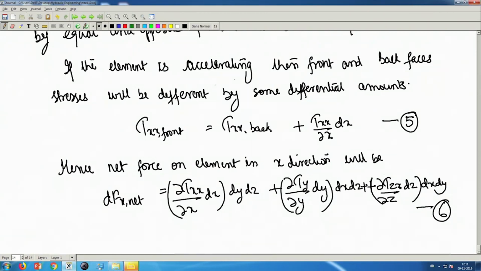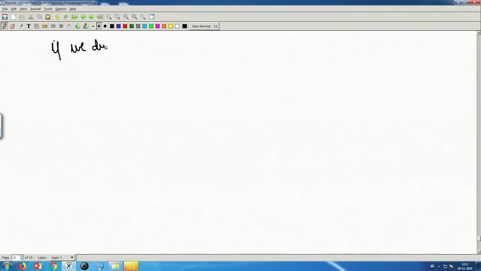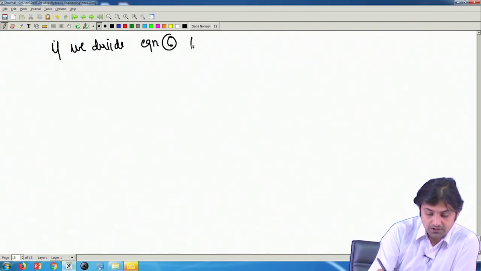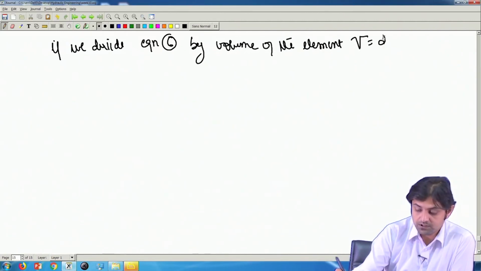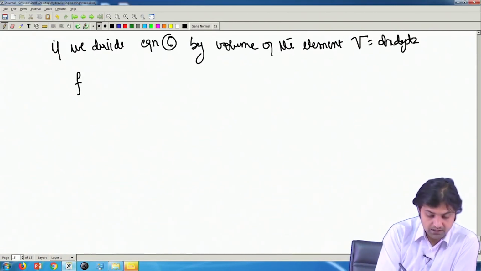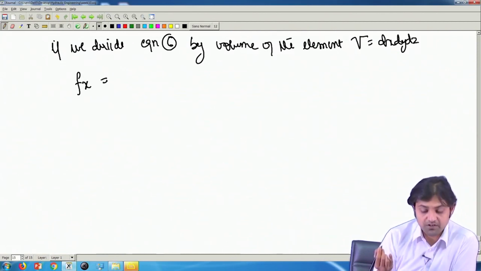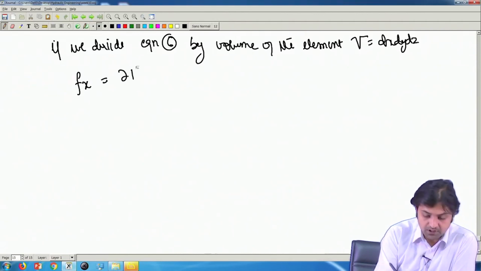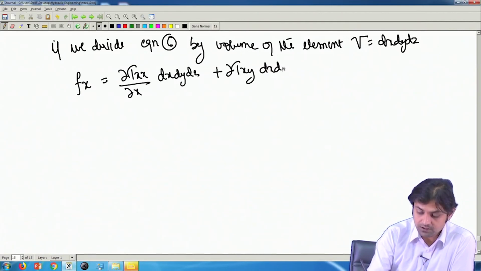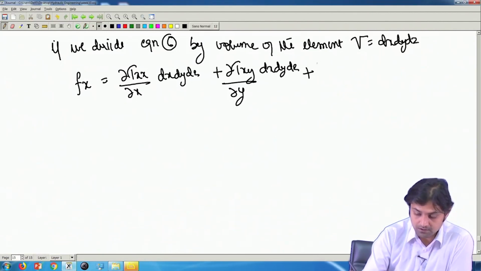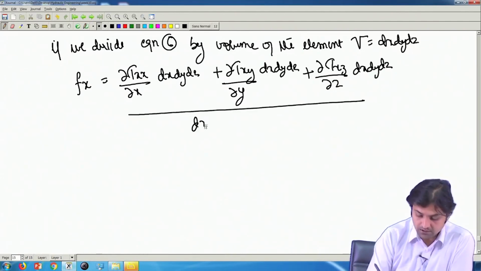So we go to another page now. If we divide equation 6 by the volume of the element, which is equal to dx dy dz, we get the differential force per unit volume, small fx, equal to del tau xx by del x dx dy dz plus del tau yx by del y dx dy dz plus del tau zx by del z dx dy dz, divided by dx dy dz.